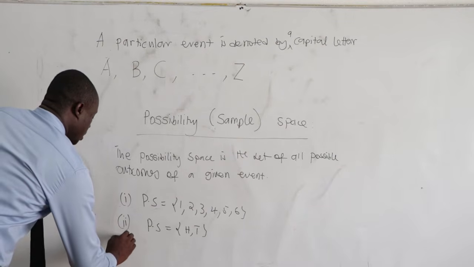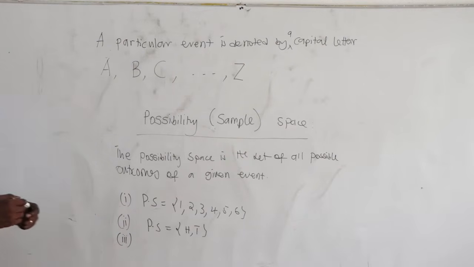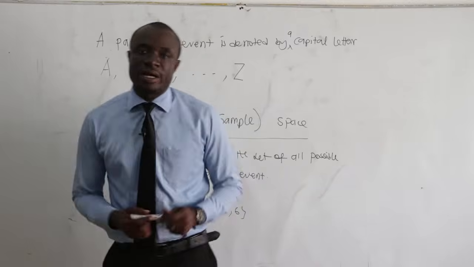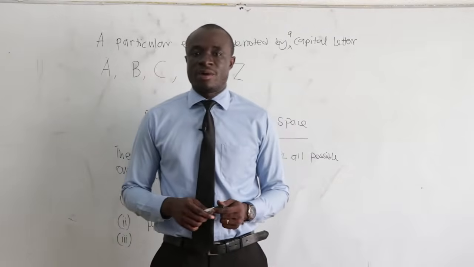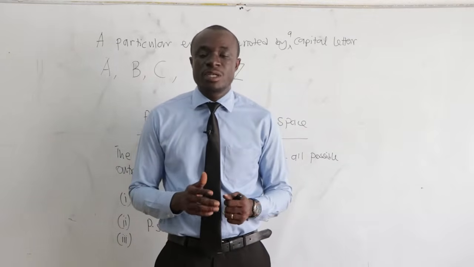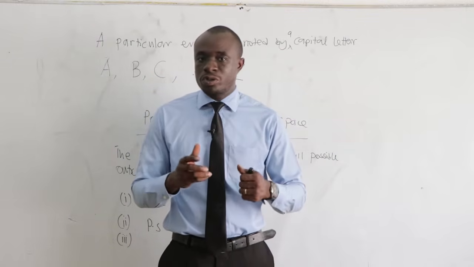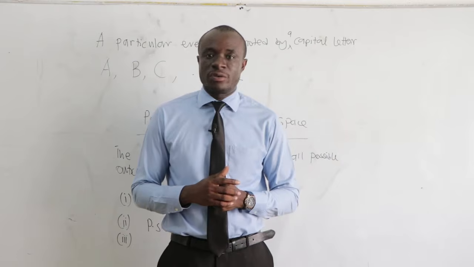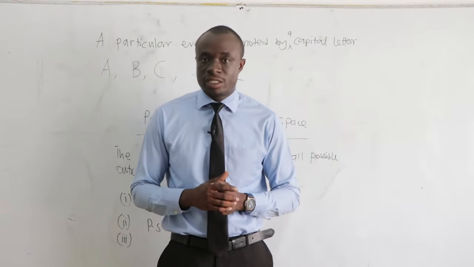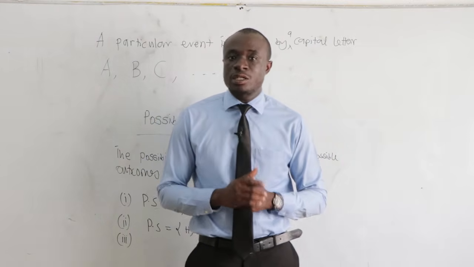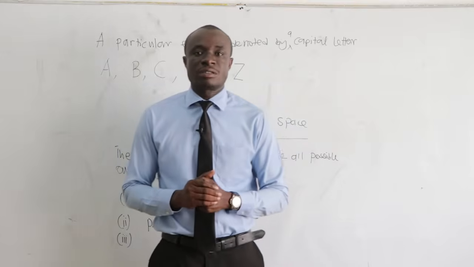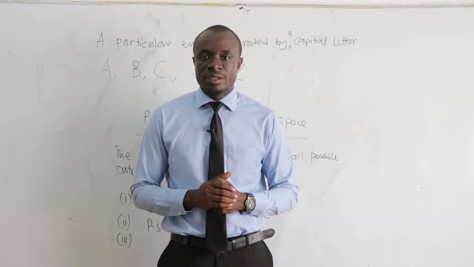And then the third one, winning the first prize in a raffle. Now the possibility space will be all the tickets available or bought for that particular raffle. So possibility space is a set of all possible outcomes of a given event.